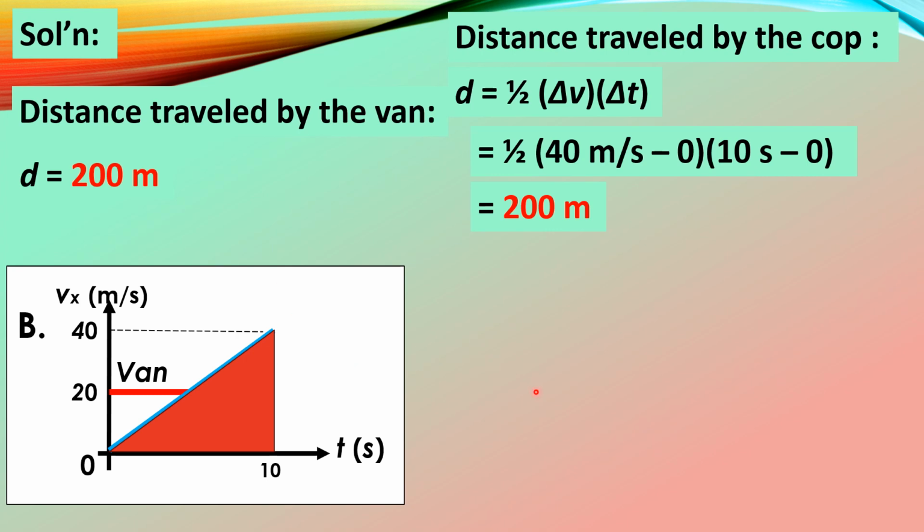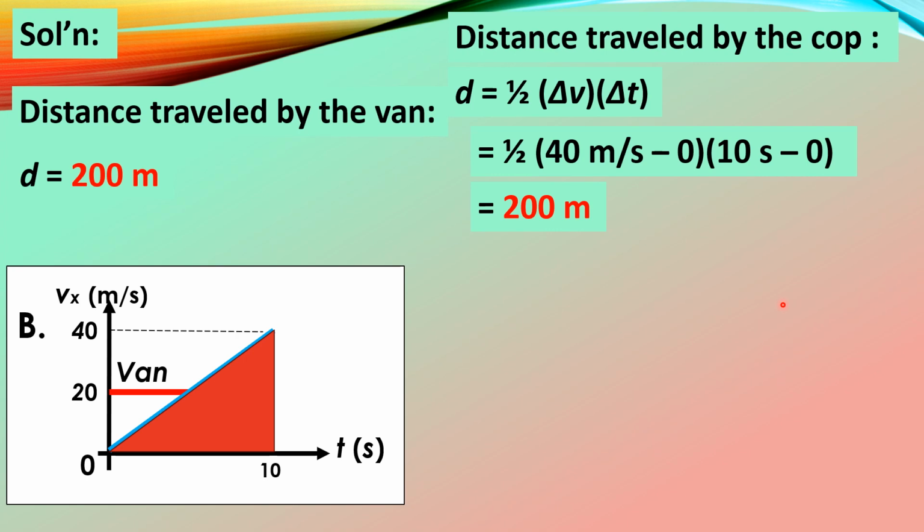So that means the motorcycle has already reached the same displacement as the van. He has already caught up with the van and is still continuously speeding up, but that is no longer given in the graph.